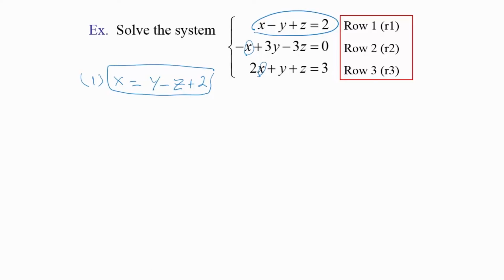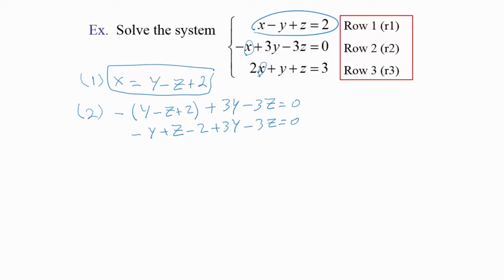So the second equation would now become minus, since it is a minus x, it would be minus y minus z plus 2, plus 3y minus 3z equals 0. Before I go further, I'm going to simplify this. So minus y plus z minus 2 plus 3y minus 3z equals 0.